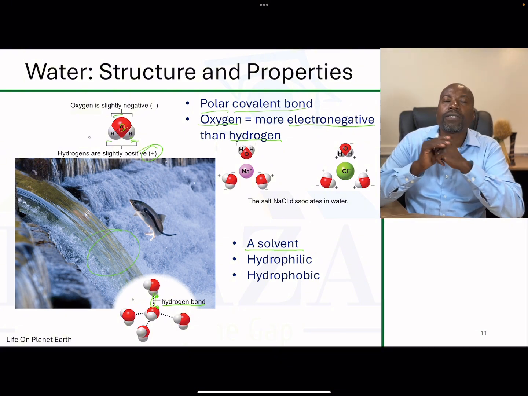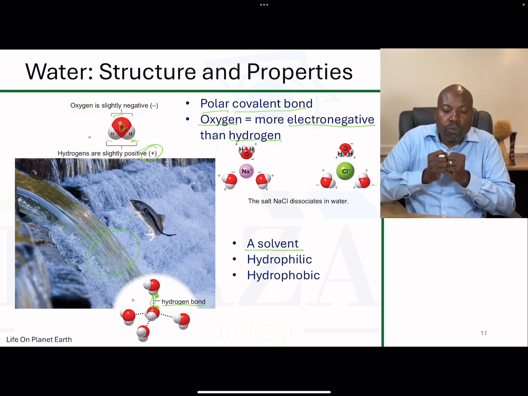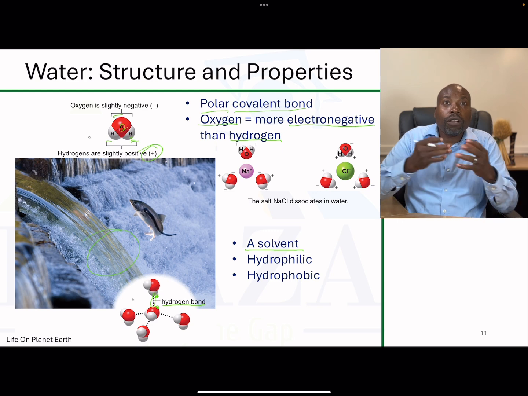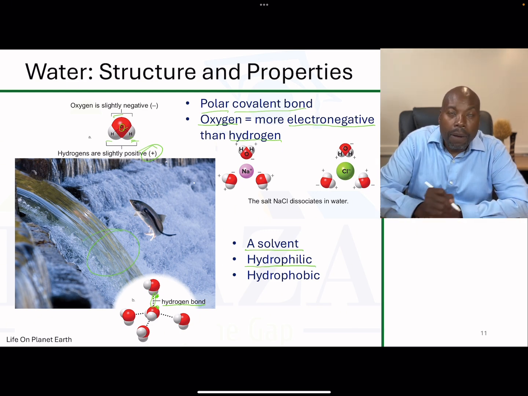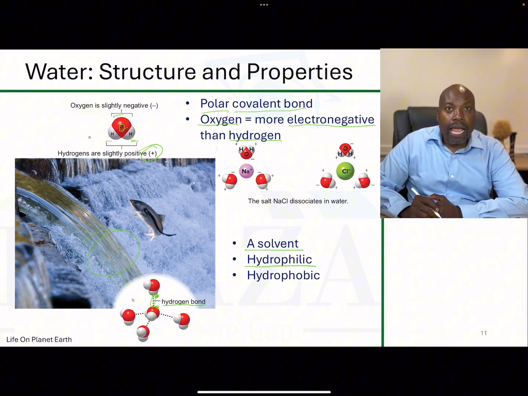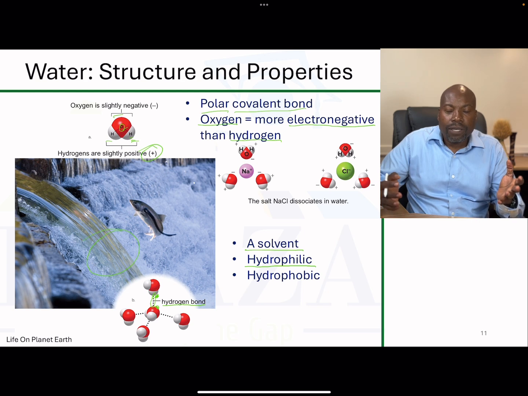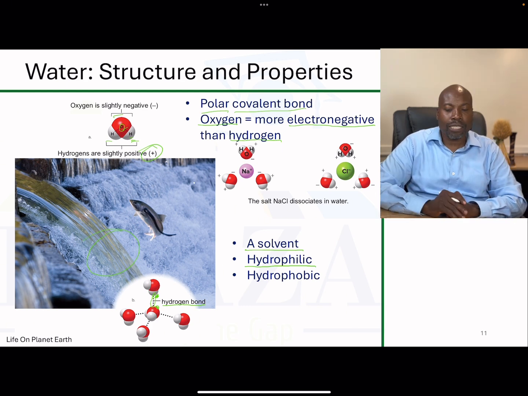The chemicals that are going to attract water or be water friendly, these are the hydrophilic compounds or hydrophilic molecules, and the chemicals that do not like water. They're going to repel water, stay away from water as much as possible.